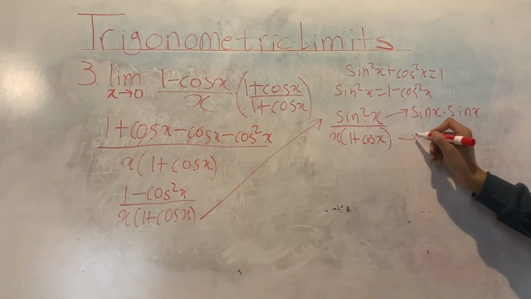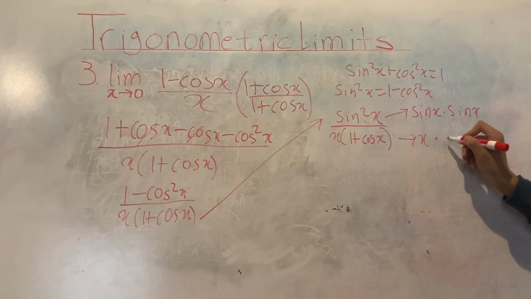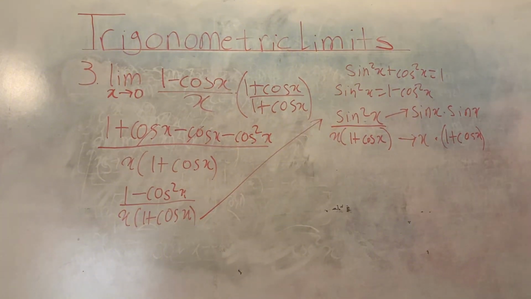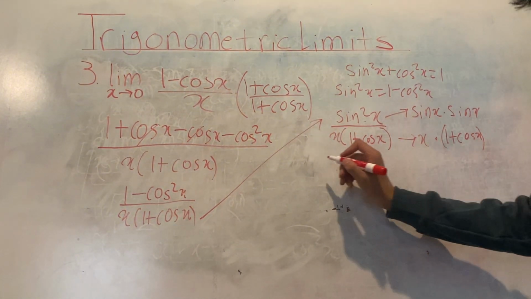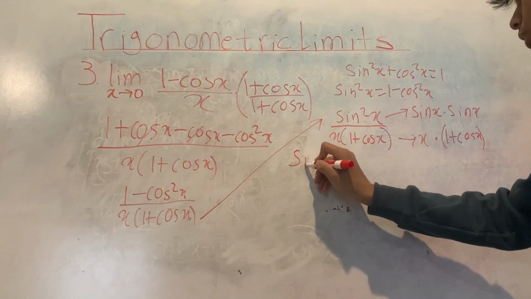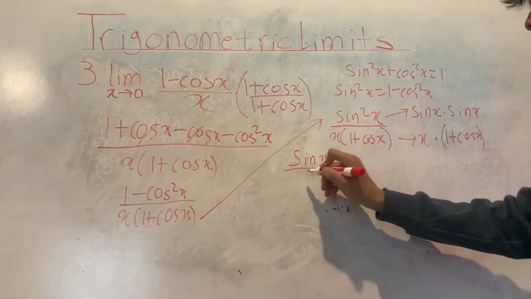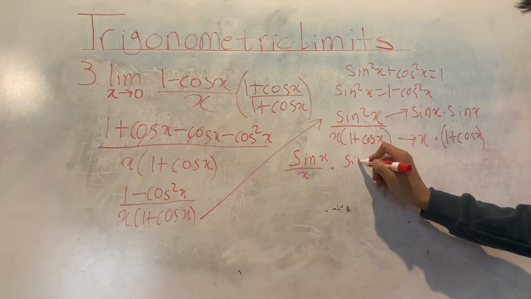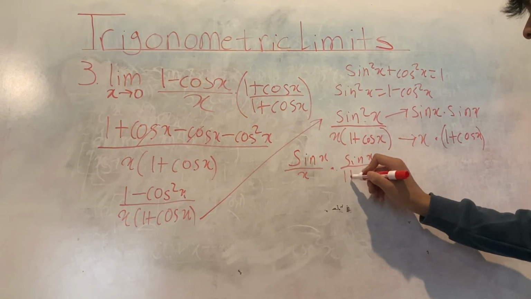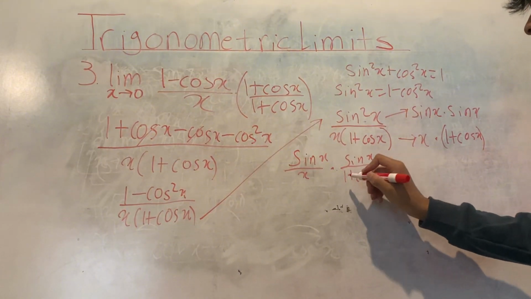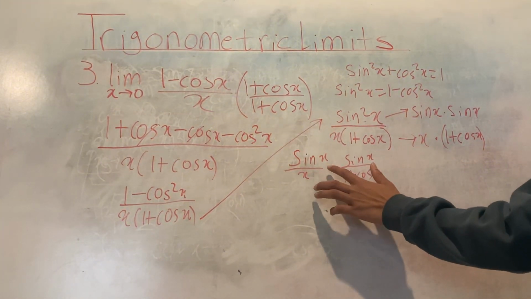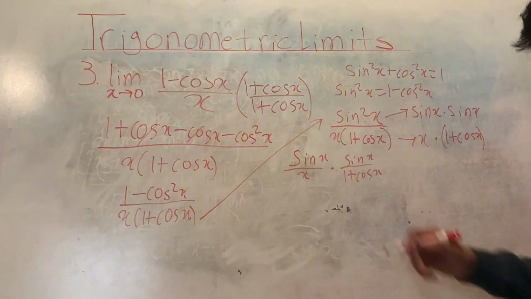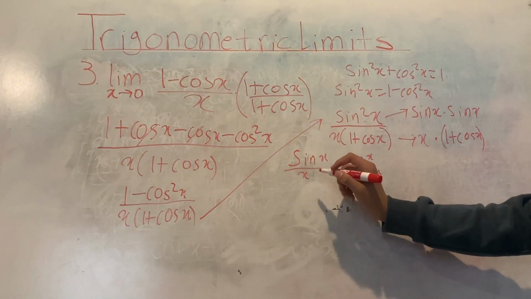And this right here is really just x times 1 plus cosine x. So we're going to split this apart. So we're going to have sine x over x times sine x over 1 plus cosine x. And the reason I did that is because I wanted to split it apart so I can get sine x over x, which we all know is just 1. So this is just going to be 1.